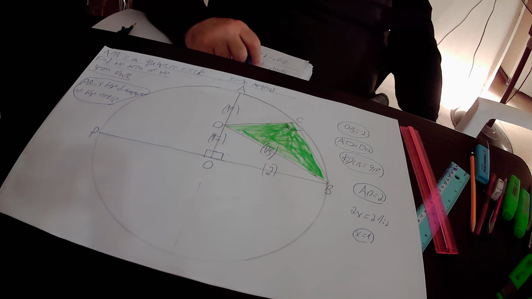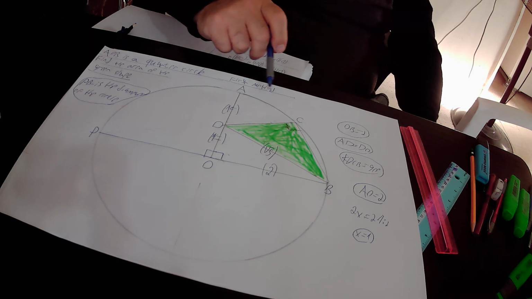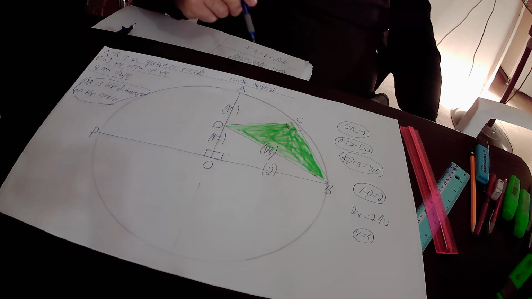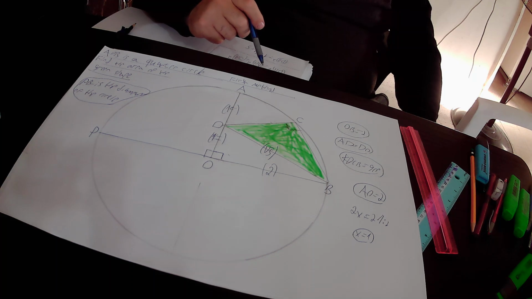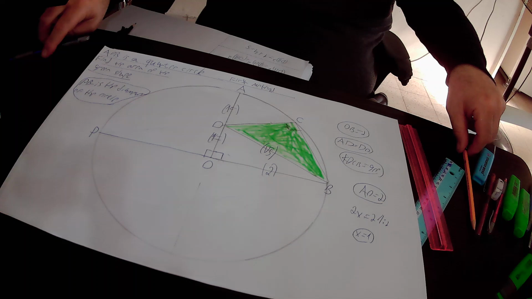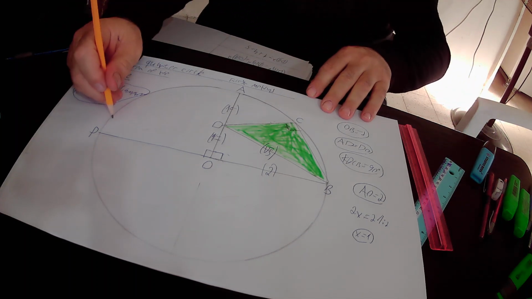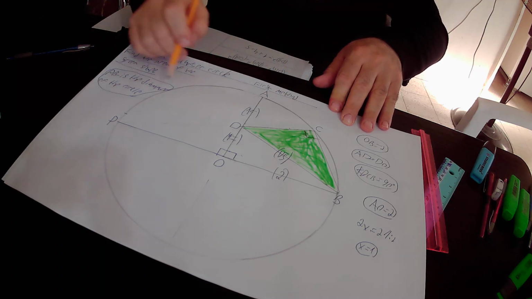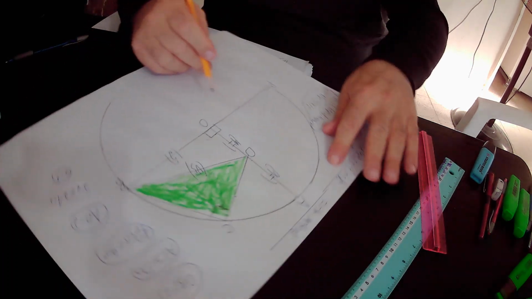We will assume that the extended side CD will not touch the circle at point P, but at any other point. We define the touching point of the extended side CD with this circle as point G.